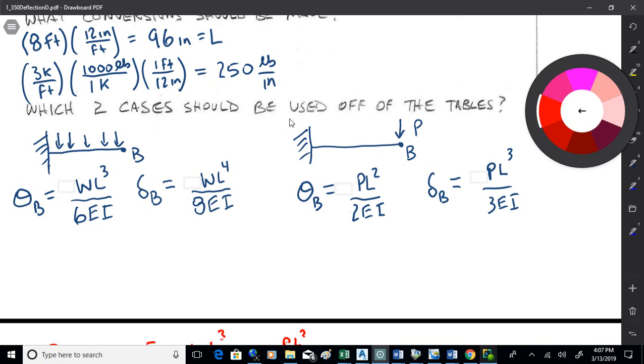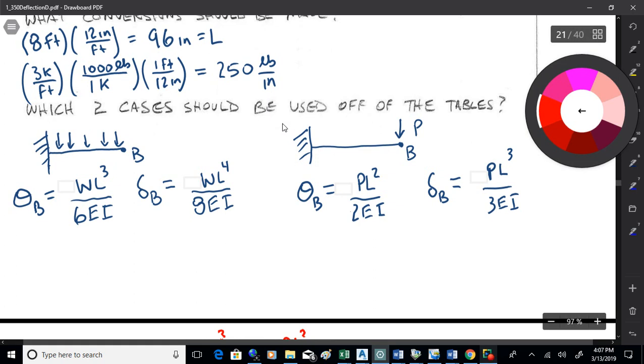So I just take the tables and I look at the formulas and write them down, basically. All right, so those are the two sets of formulas that I'll use. So I've got the slope angle formula, and I've got the deflection formula.